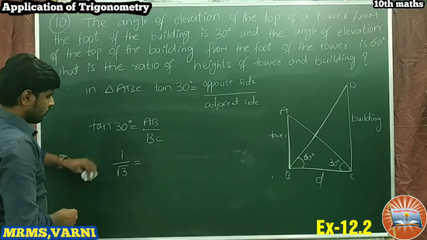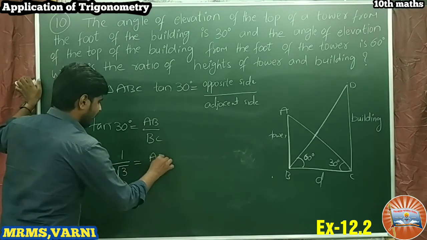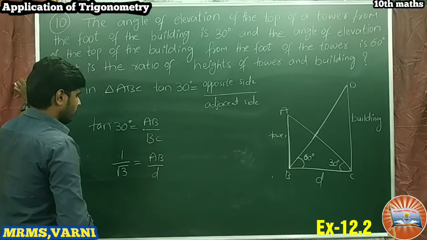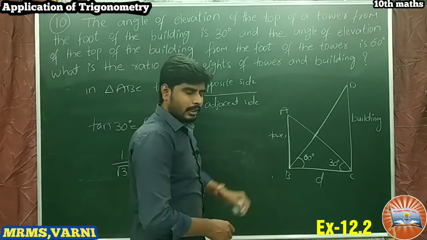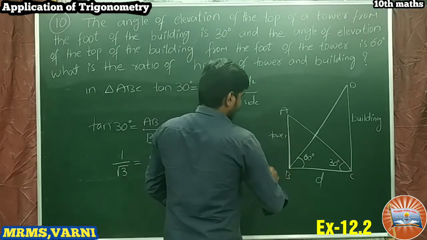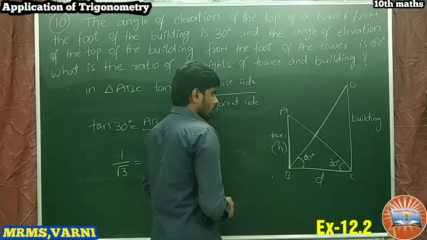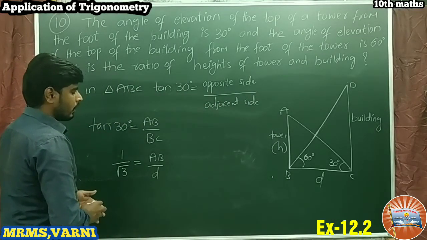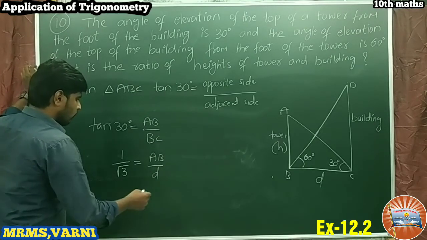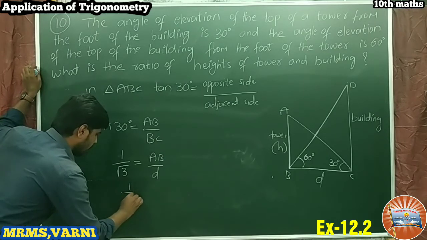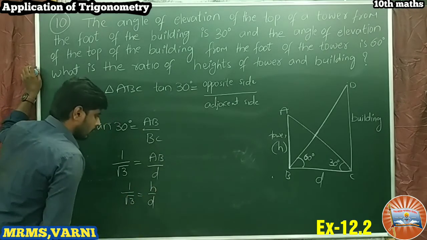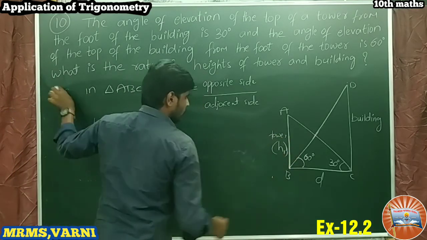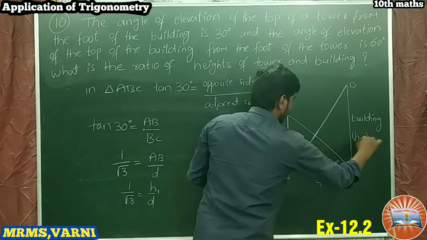Right, so AB we write as it is and BC is D. Let us consider AB is the height, so I am taking the height of the tower as H. The height of the tower is considered H. Right, so in place of AB we can now replace: 1 by root 3 is equal to H by D. Or we can consider this H1, and the height of the building is H2.